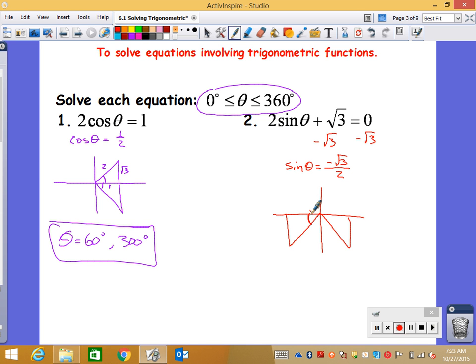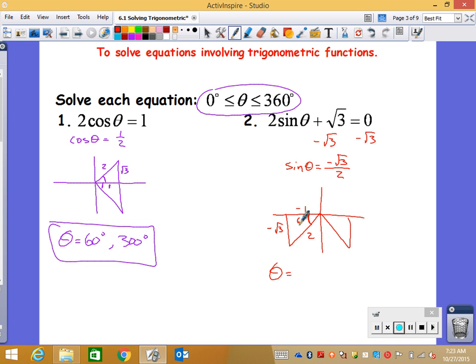Let's determine my reference angle again. Sine is opposite over hypotenuse, so negative root 3 over 2 with a negative 1. Well, what's my reference angle here? Again, 30, 60, 90 triangle, with the reference angle being 60 degrees. So we can't just put down 60 degrees though. We got to think about this.